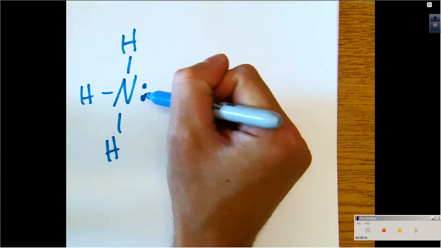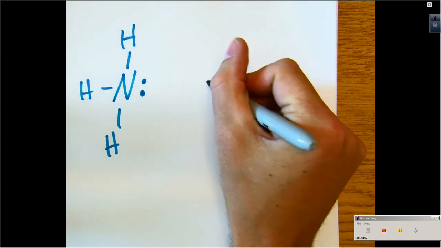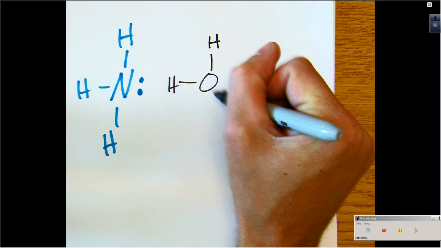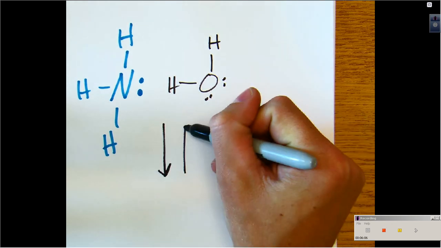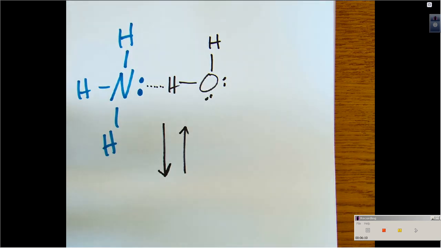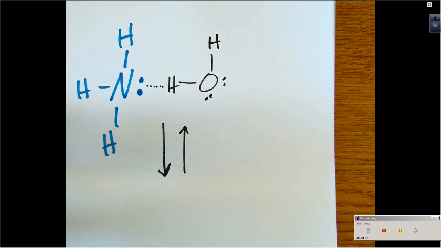with its pair of electrons. Well, if it's introduced again to a water molecule, we'll use black for a water molecule, we're going to get an equilibrium going on. We're going to see a bond between that hydrogen, who's not getting all the attention of the electrons from oxygen because of electronegativities, and these almost free electrons up here on the nitrogen.